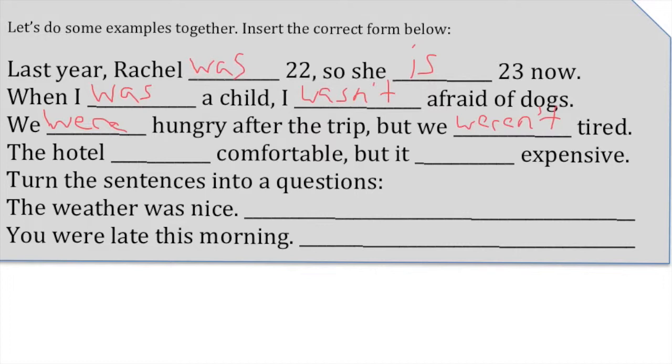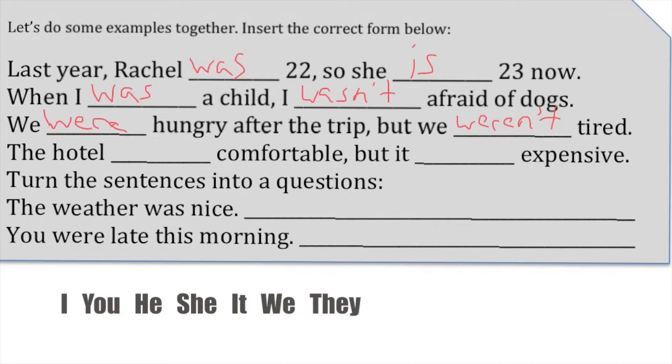Here's the next one. The hotel blank comfortable, but it blank expensive. Hotel, is it I, you, he, she, it, we, or they? You should say it.